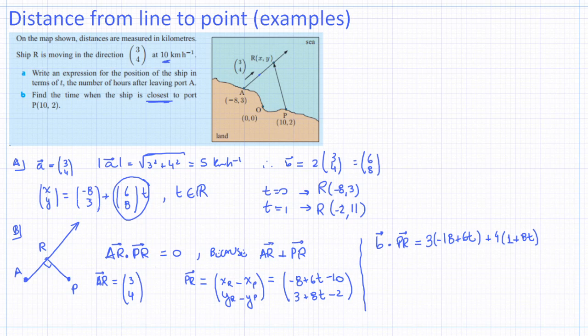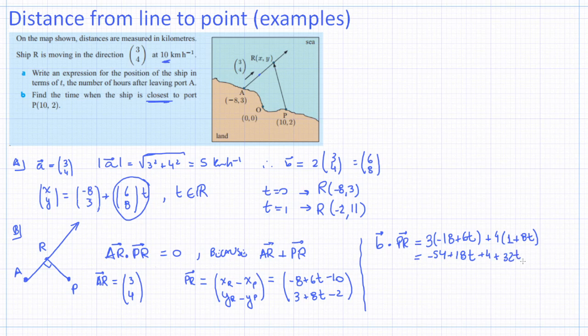Right? So far so good. So if we work those numbers in here, we're going to find negative 24 plus 18t plus 4 plus 32t, right? 4 times 8.